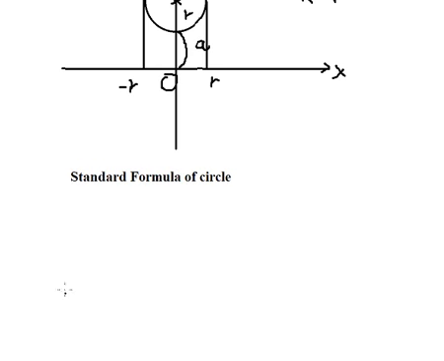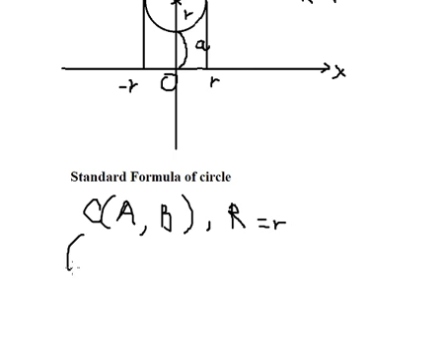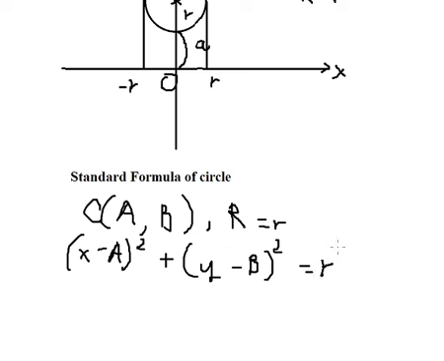If we have this information, we can apply the standard formula of the circle. We have the center (A, B) and the radius R. So we have X minus A to the power of 2 plus Y minus B to the power of 2 equals R squared.